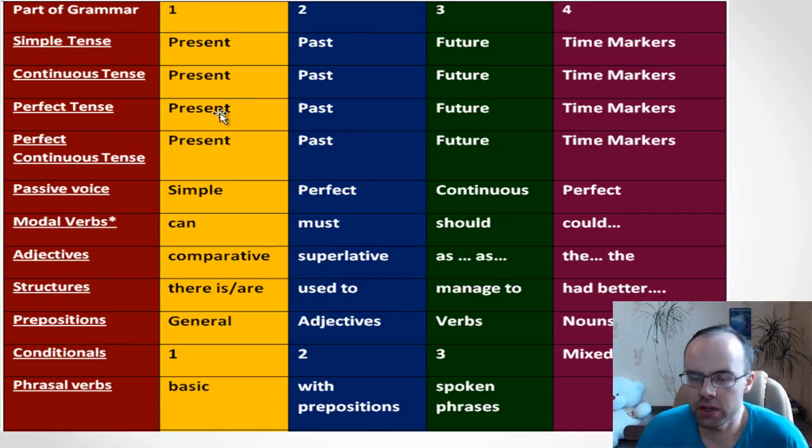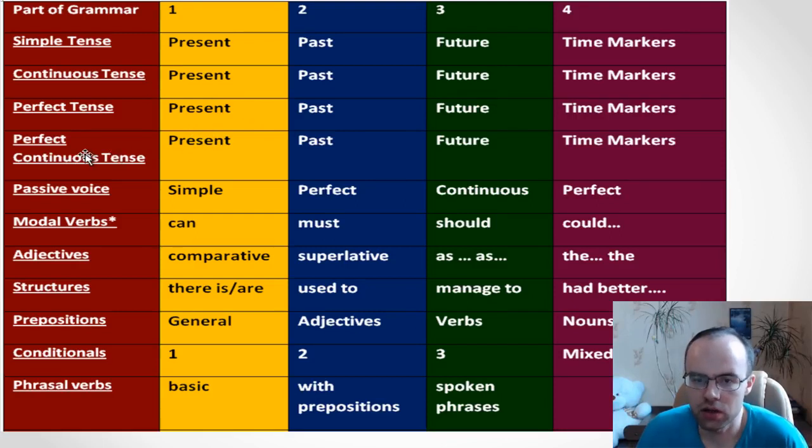Okay, maybe you'll use only present, past, future, and simple tenses. It's okay. But anyway, you need to know other tenses too, because native speakers often use them. So you need to know their structure too.